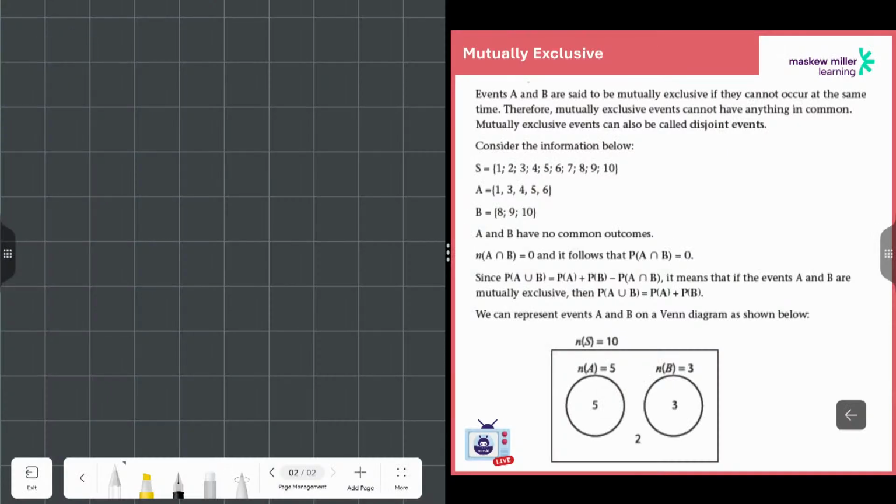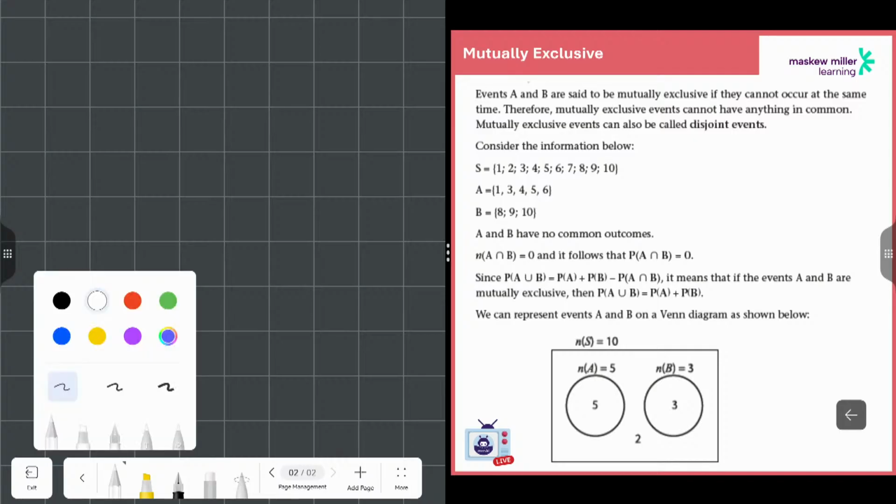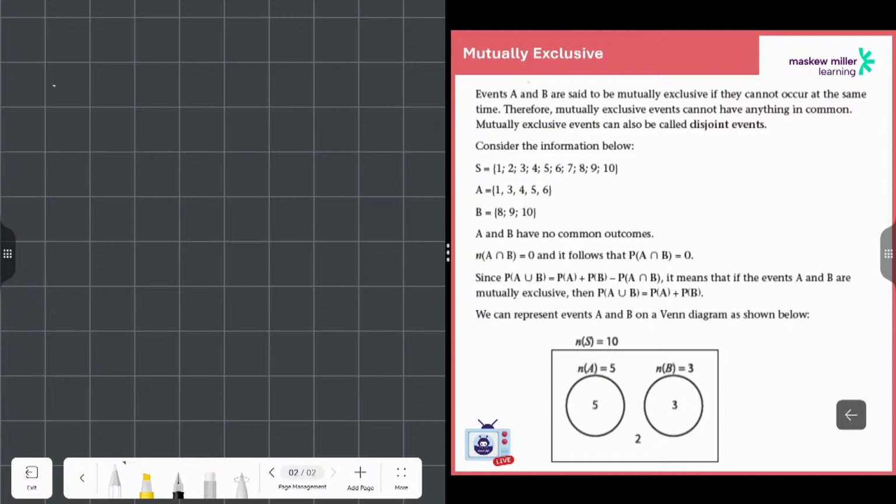Okay. Now we have mutual exclusive. So with mutual exclusive, I am going to show you how we're going to actually determine that these two cannot happen at the same time. In reality, what I use as an example of mutual exclusive is an ID number. I mean, an ID number belongs to one person.